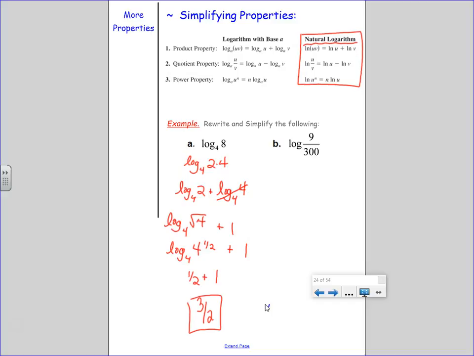Because then log base 4 of 4 cancels. I just get 1/2 and I go. How'd you get 1/2? Log base 4 of 4 equals 1. So then you get 1 to the power of 1/2, which is 1. Technically, our property from yesterday said log base a of a to the x equals x.